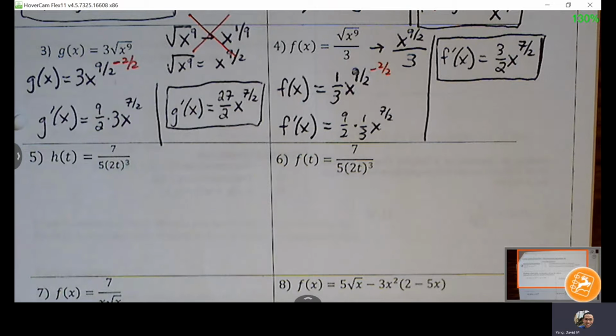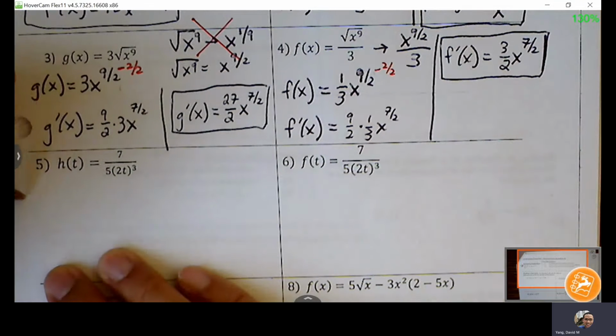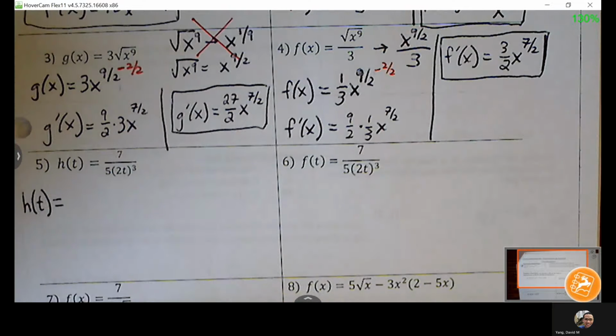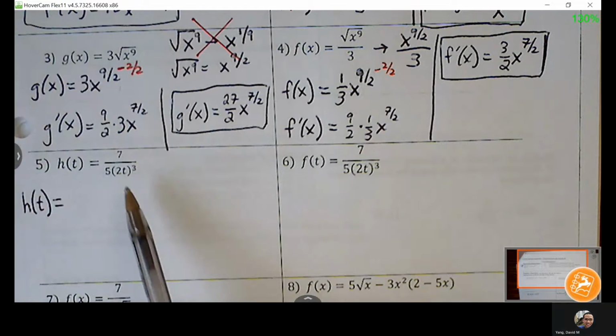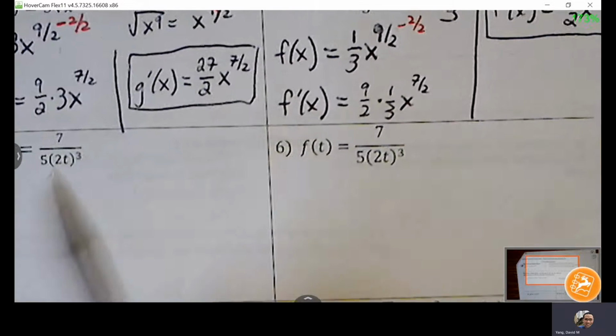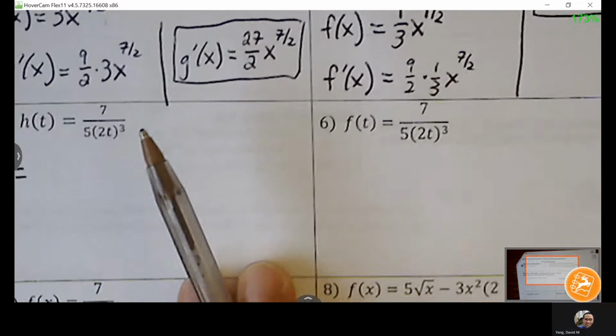Okay, number 5. What's in the way? Parentheses. Okay, so tell me how you would clean up those parentheses. 4t, not squared, but we have to raise everything to the 3rd power, right?